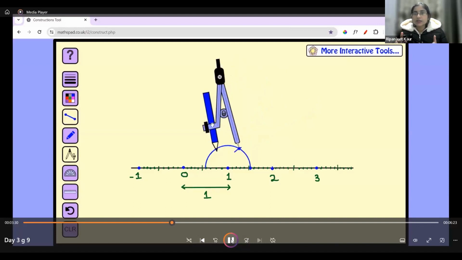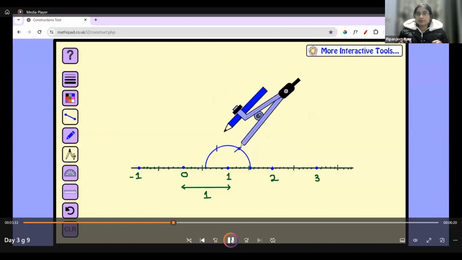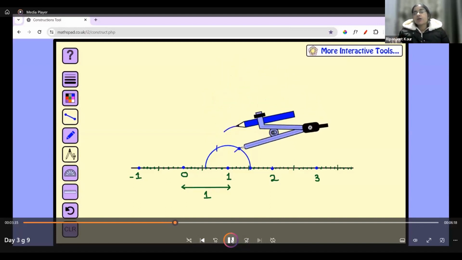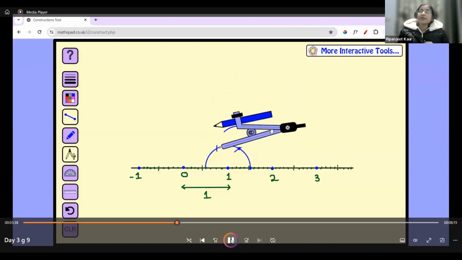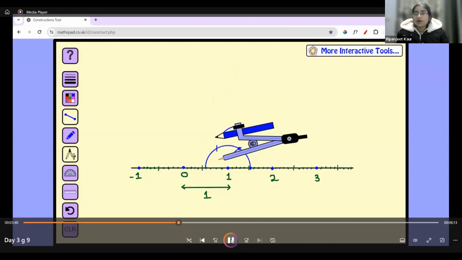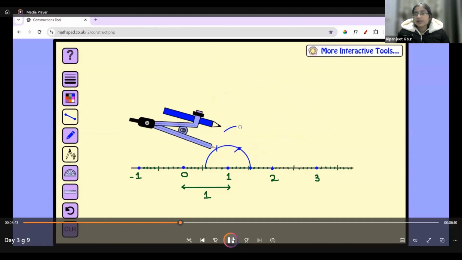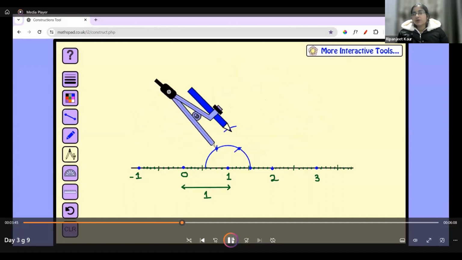So we made 2 arcs. Now we want their middle point, right? We make another arc on the same point by keeping the pin, and then another arc above, right? Yes, like so. Now we have made a cross.